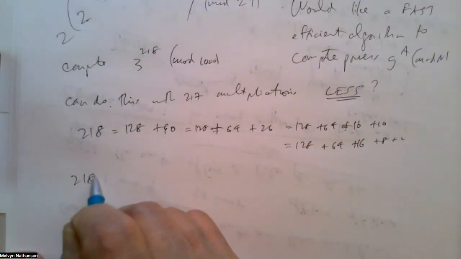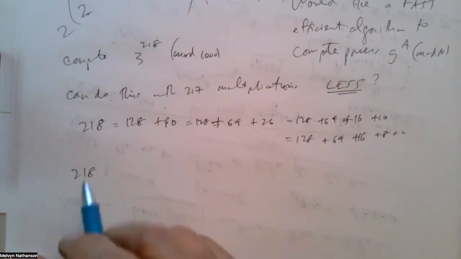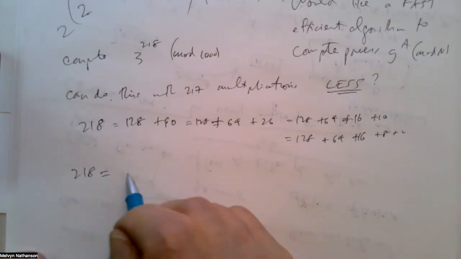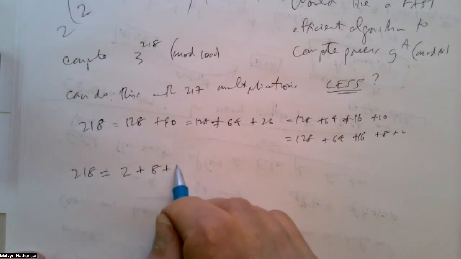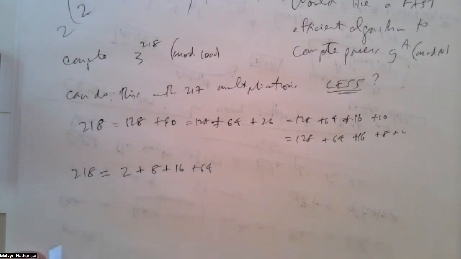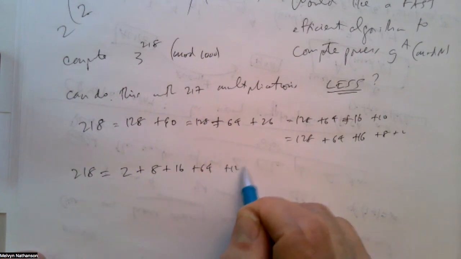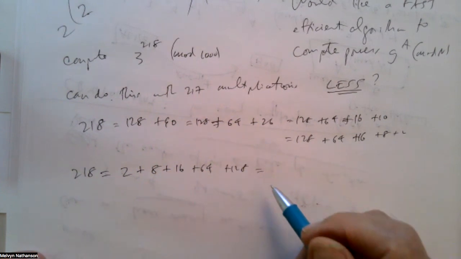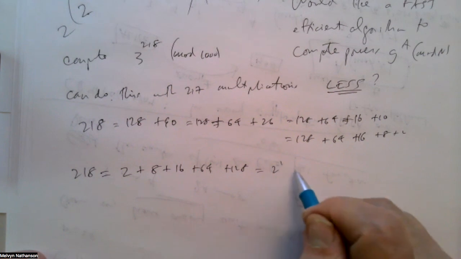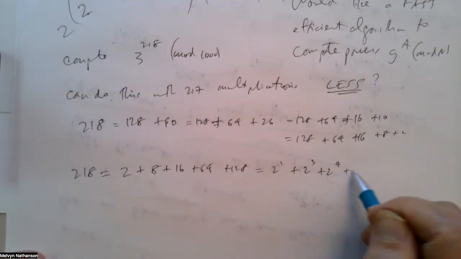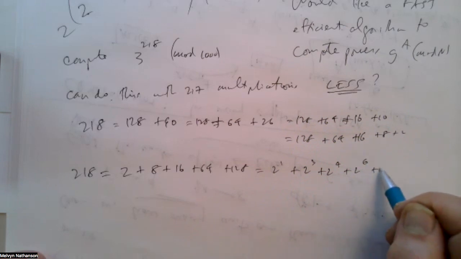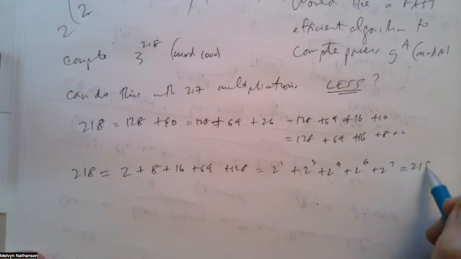So I can write 218 in binary as a sum of powers of 2. 218 is 2 plus 8 plus 16 plus 64 plus 128. Or in terms of powers of 2, this is 2 to the first power plus 2 cubed plus 2 to the fourth plus 2 to the sixth plus 2 to the seventh.